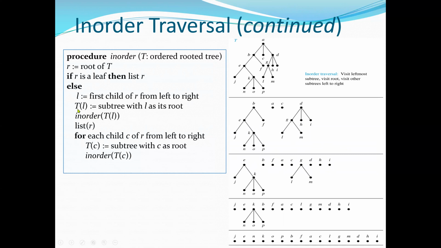So we have the subtree with L as its root, and we do the in-order of the subtree of T with L as the root. If we go through L, the left subtree, and finish, then we go through R, the root. And after that, we continue until we finish through the right.